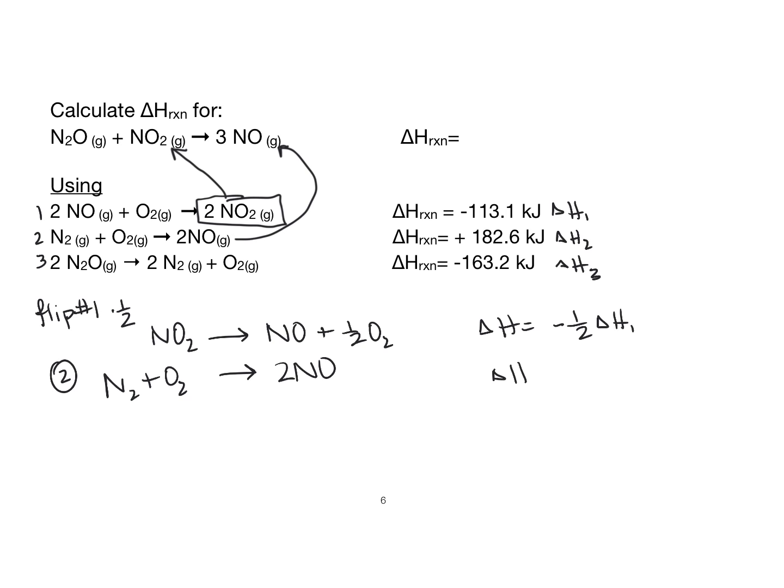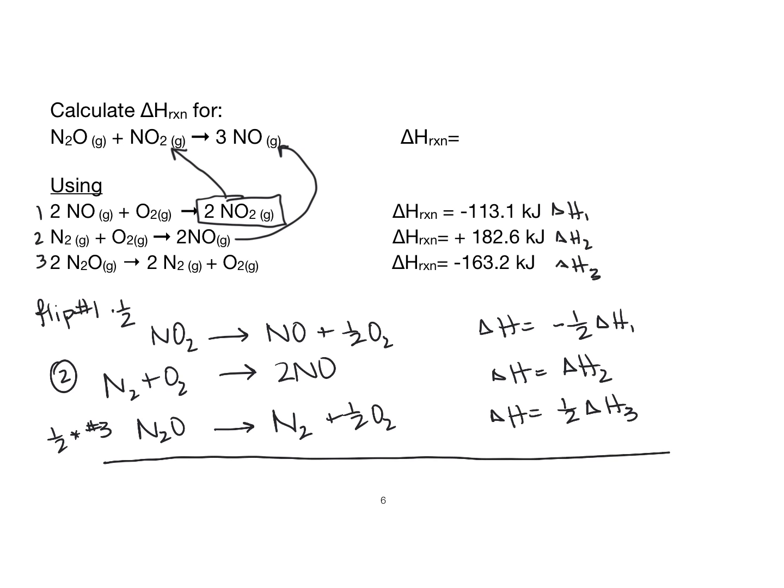So delta H equals delta H2. For the third one, we are going to have to use it as is, but multiply by 1/2. So 1/2 times number 3, and that's going to give me N2O plus N2 plus 1/2 mole of O2. So delta H is going to equal 1/2 delta H3.